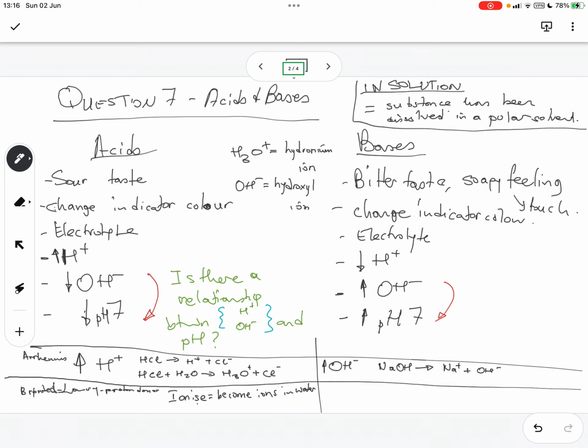The second question asks, explain how a weak base differs from a strong base.